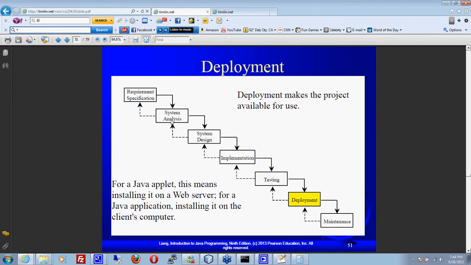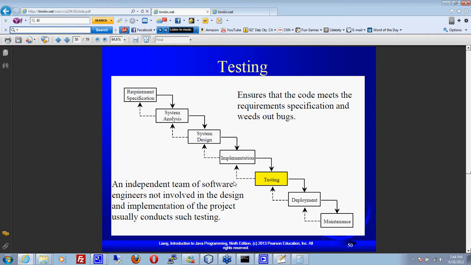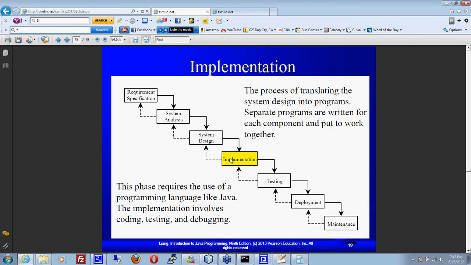Deployment. And of course, with testing, they don't talk about the different types of testing, so I think the author doesn't know that much about testing. First of all, software engineers shouldn't be doing the testing. And second of all, there should be 3 levels of testing. Although I think he kind of includes functional and integration testing in the implementation, because he talks about putting the different components together.